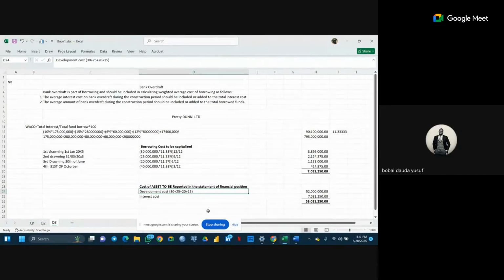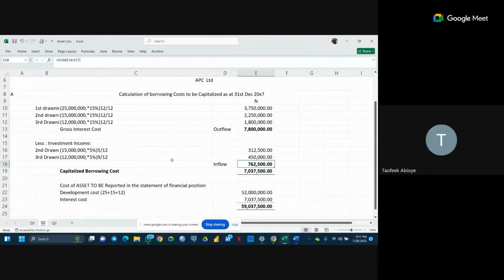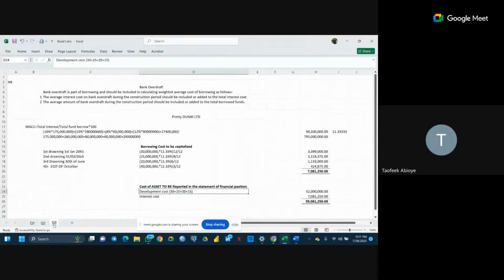No, development cost is 30, 25, 20, 15. The mistake I made is that I'm bringing this figure there. You see, 25 plus 15 plus 12, so it's 115. Take off 15 to 40. So we are going to have 115 here.